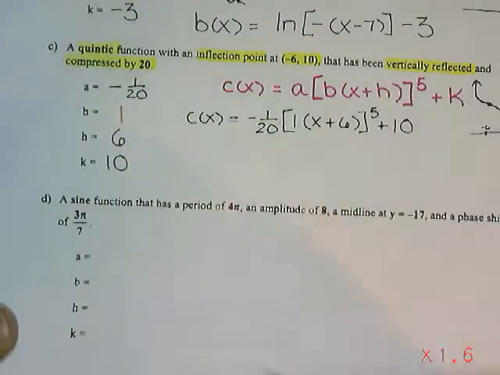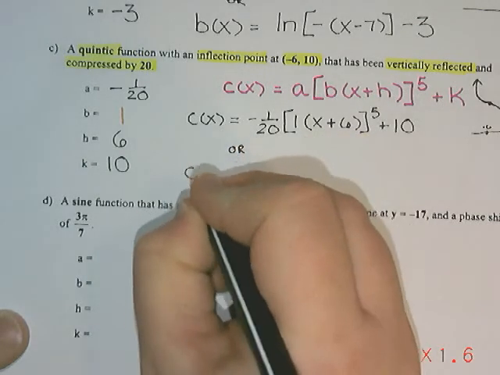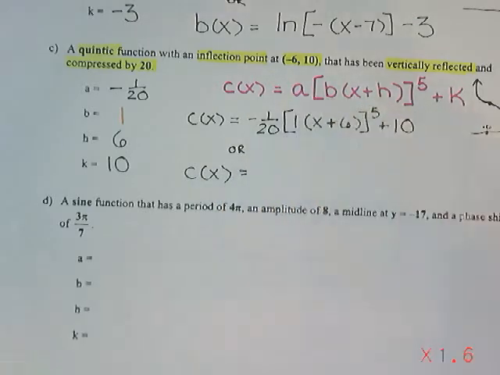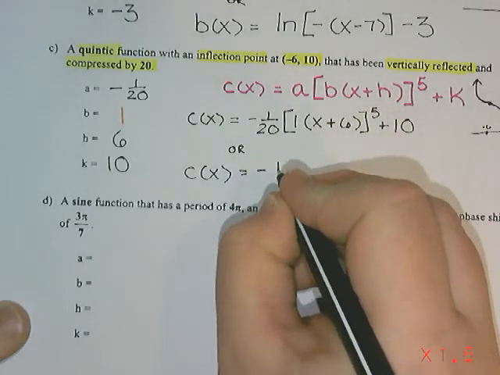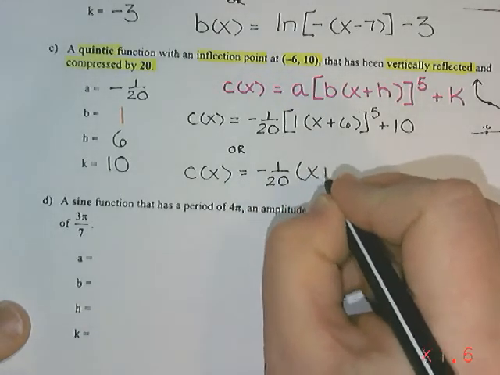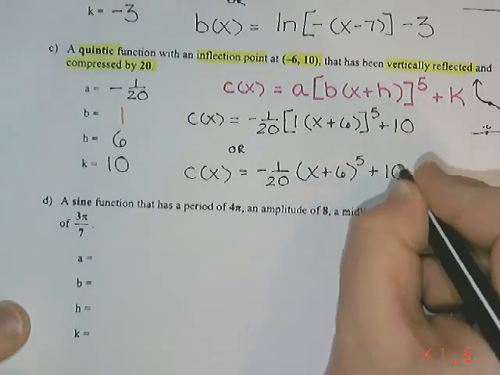So that's if I just write all the numbers in. Second option is you could write it without the 1, right? Because 1 times anything is just the number. So I could just say it's -1/20 times x plus 6 to the power of 5 plus 10.